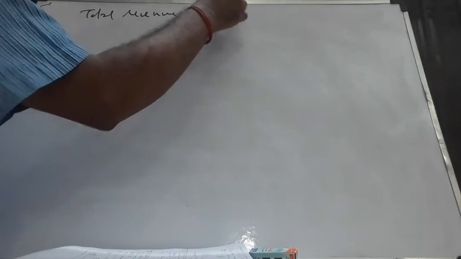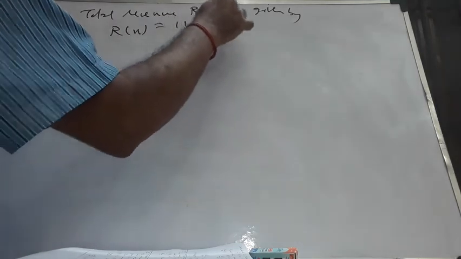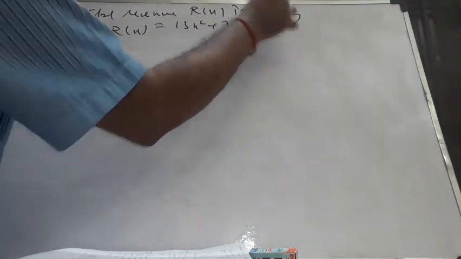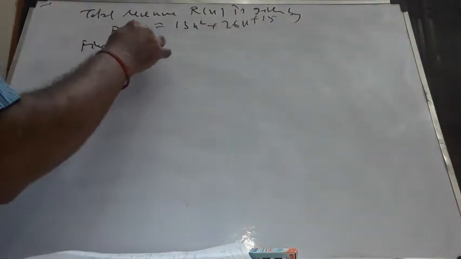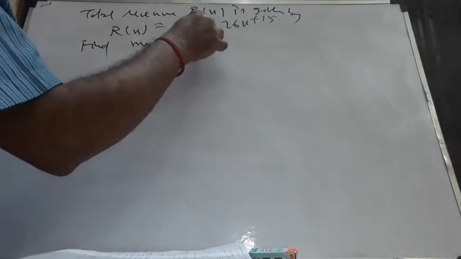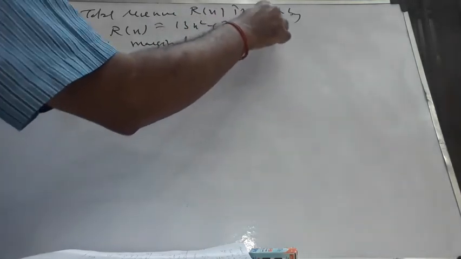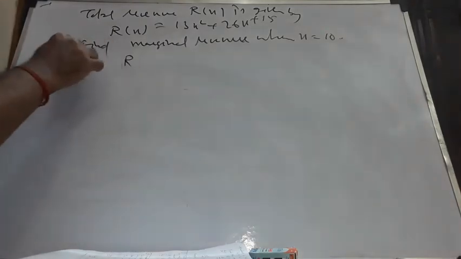Total revenue R of x is given by R of x equal to 13x square plus 26x plus 15. Find the marginal revenue when x is equal to, let us say, 10. Now listen, the answer goes like this.